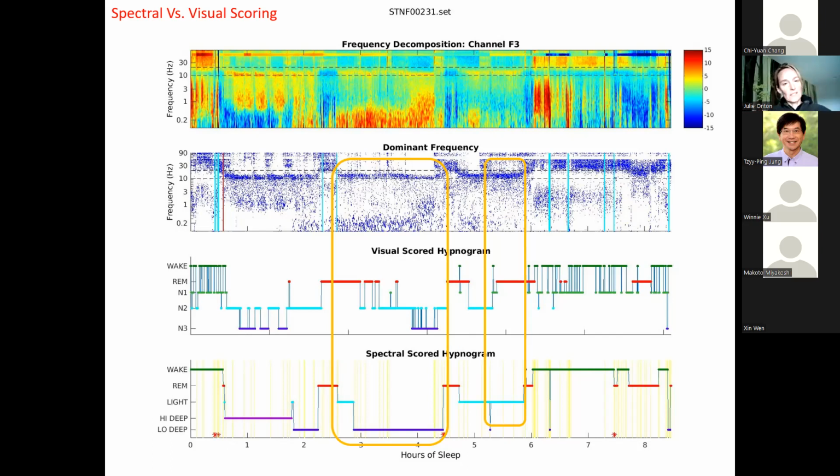Some people fall straight into low deep sleep, and then as the night progresses, they start doing more high deep sleep. So the order of high and low deep sleep varies, but generally they both come at the beginning. Yeah, because in all the examples you showed here, the first deep episode was a high deep followed by the low deep so far.